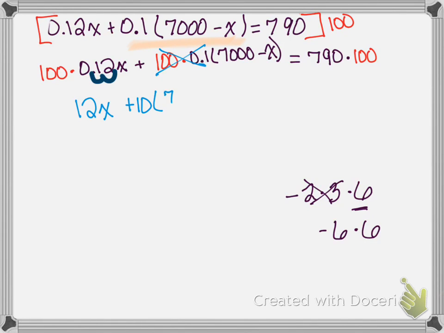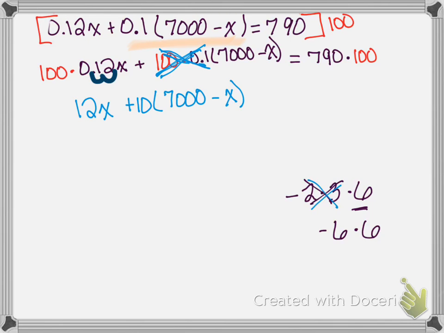So now I have 10 times 7,000 minus x. So don't feel like you've got to multiply the 7,000 minus x by 100, because you are when you multiply it by 10, because you've already dealt with this right here. So you're distributing 100 times 1/10 when you distribute the 10.